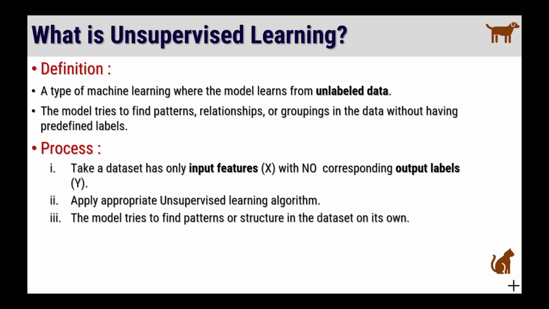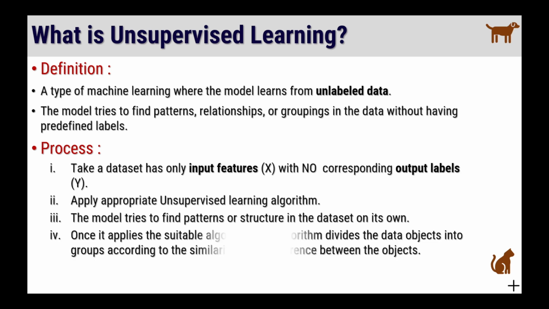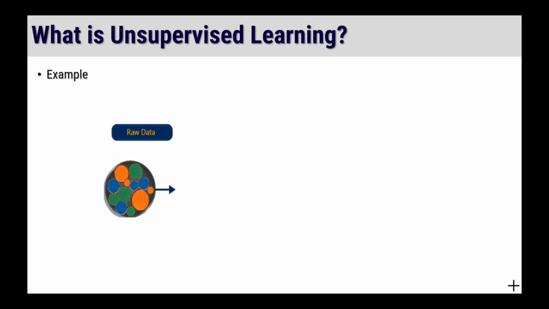The model will try to find patterns, relationships, or groupings of the structure in the dataset on its own. Once it applies the suitable algorithm, the algorithm divides the data objects into groups according to the similarities or the differences between the objects. Okay, let's understand this process with an example.